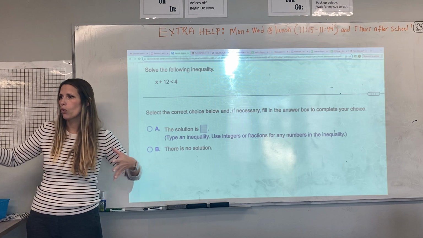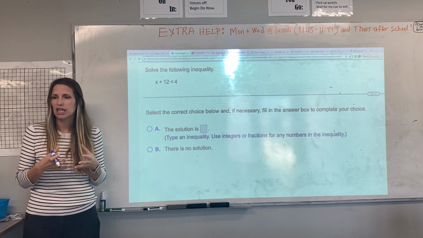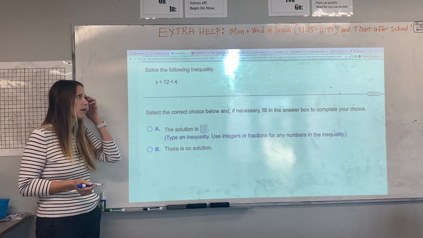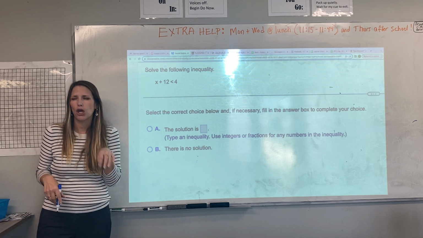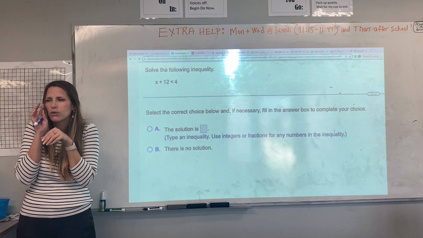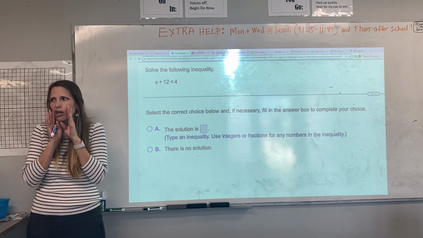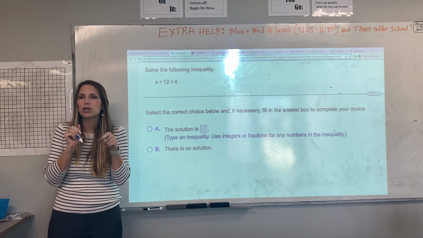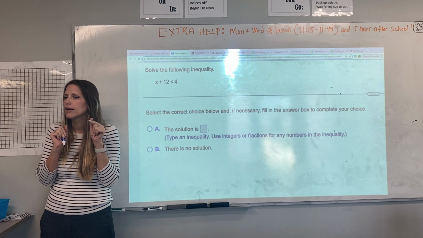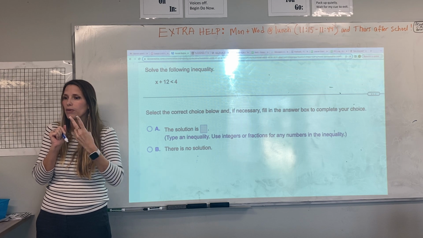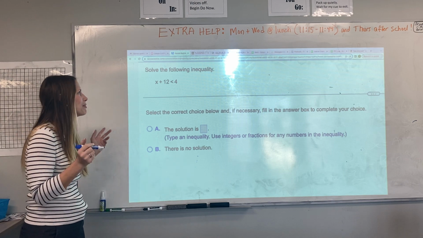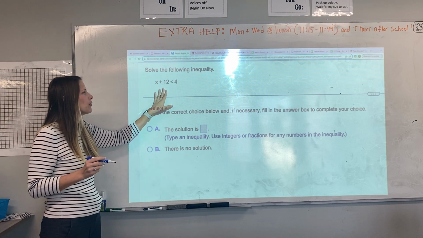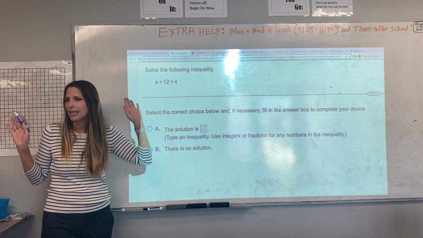So it's gonna be a wide range of numbers, but it's gonna be a specific set of numbers. But we treat it just like an equal sign. Only time we have to pay close attention to the fact that it's actually an inequality is if we're dividing by a negative, because then we have to flip the sign. Okay, but we're gonna treat it like an equal sign for now.